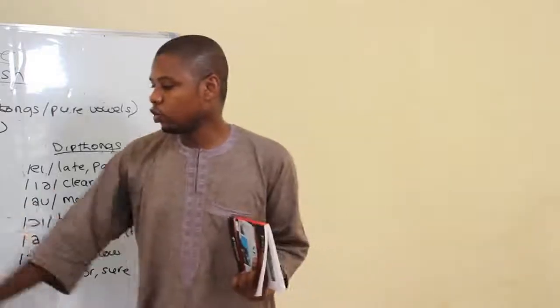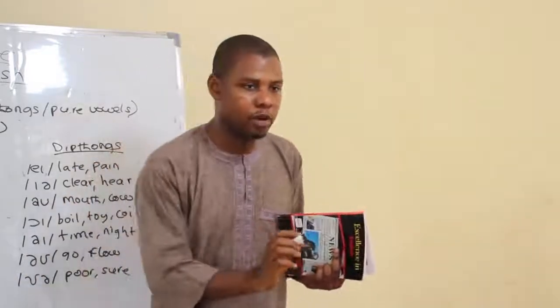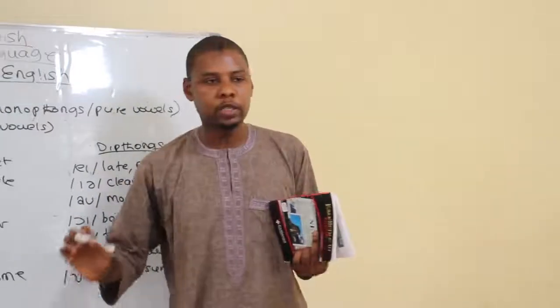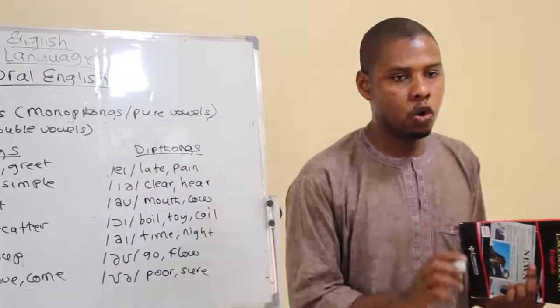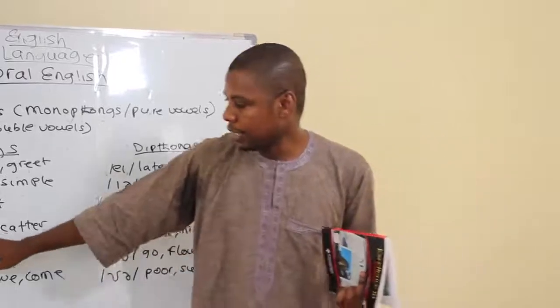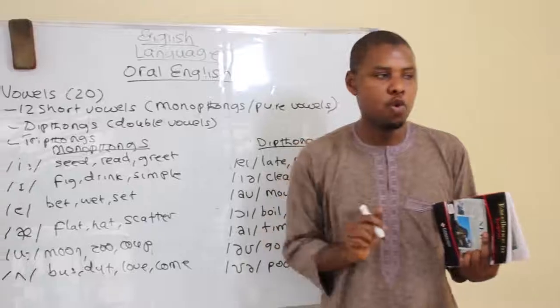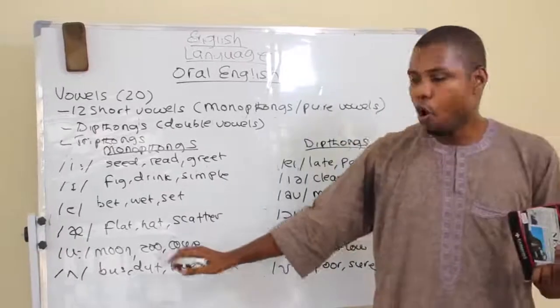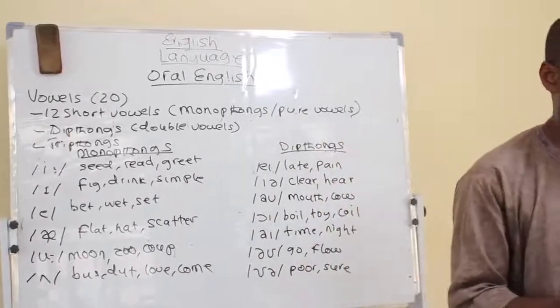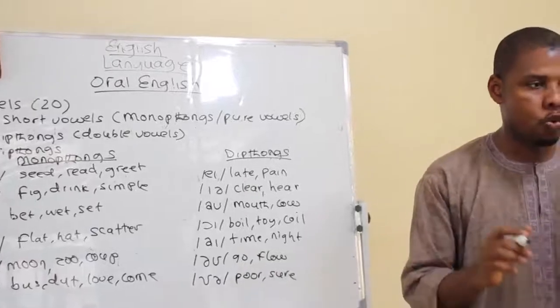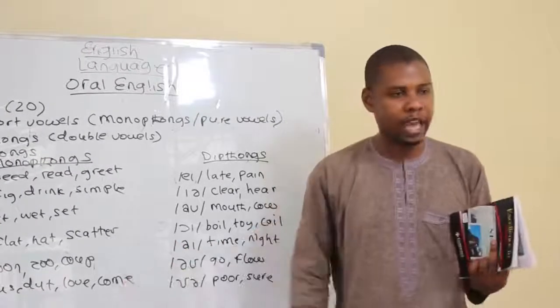Now, the next one is also another long sound, the long oo sound. You can find it in words like moo, zoo, and coo. It's a long sound.